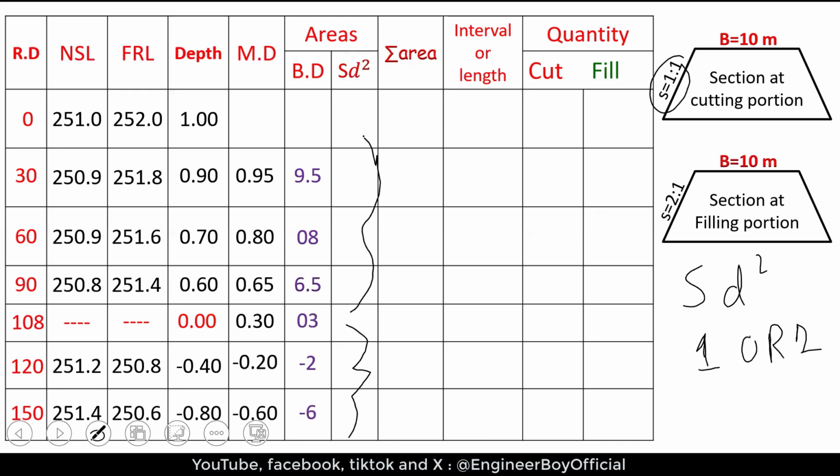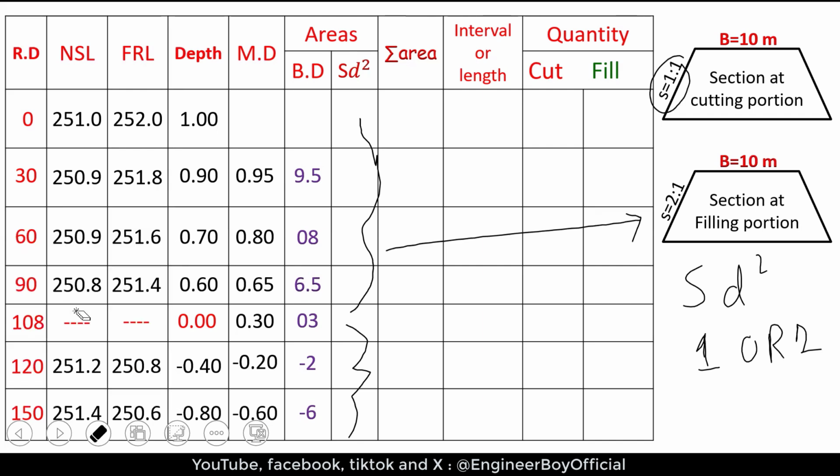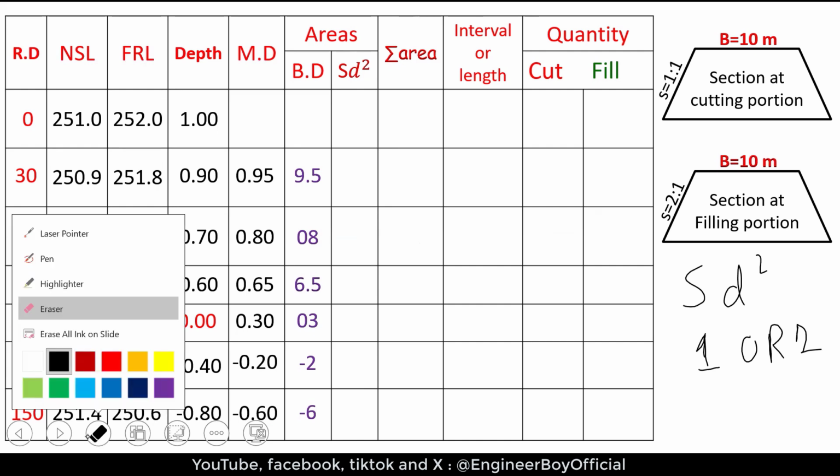And for the above portion, we will just include the side slope for filling, which is 2. In the previous example, it was just the same thing, one side slope for both, because over there we had only filling. This time we have both things, cut and fill.